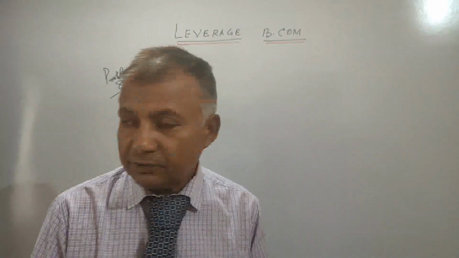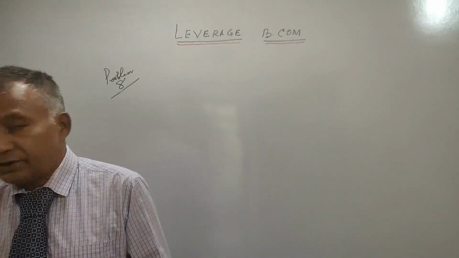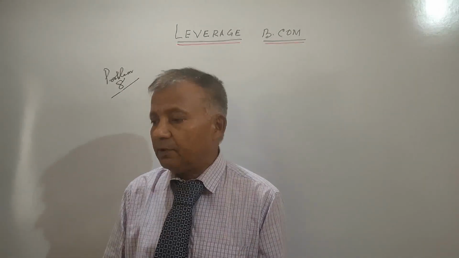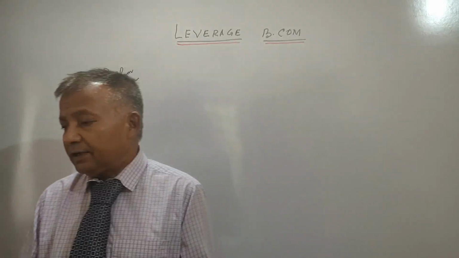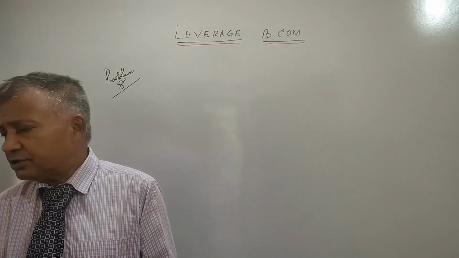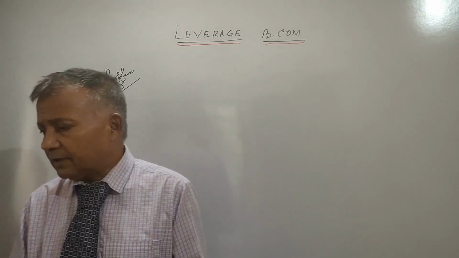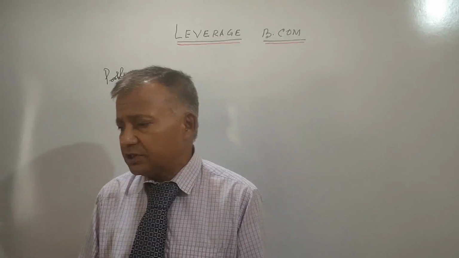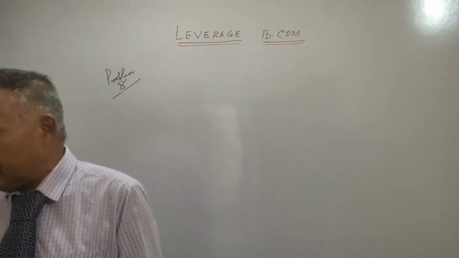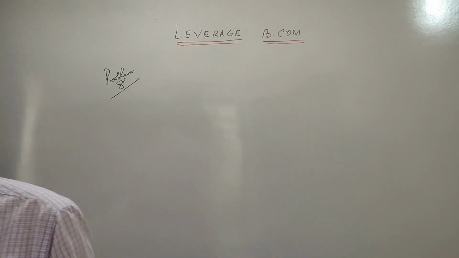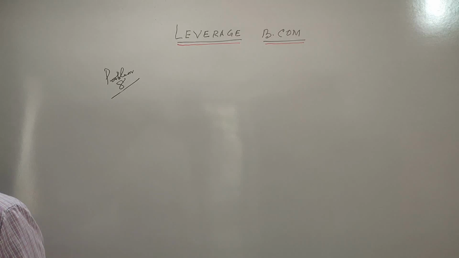So let us start with the problem number 8. This is also a different type of problem, and operating leverage, combined leverage is given, rate of tax is given, fixed cost is given, sales is given, and debt is given, 12% debenture, equity capital is given.